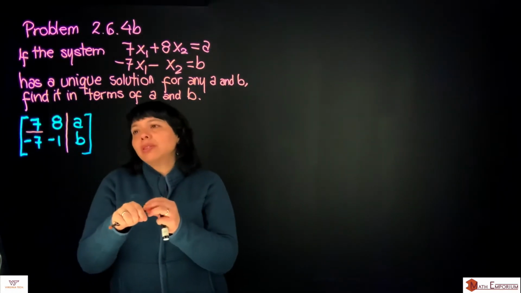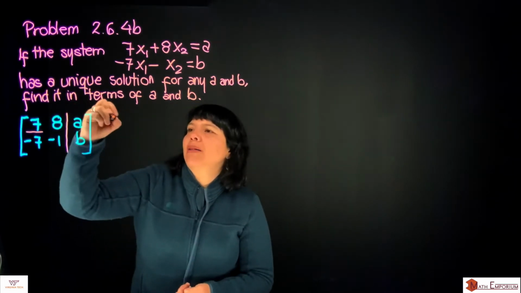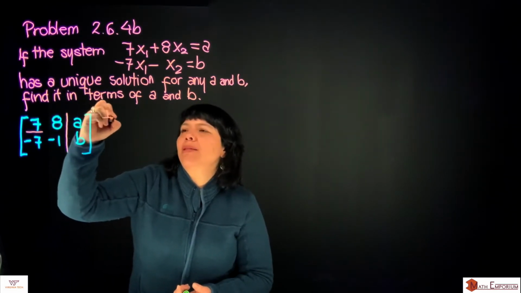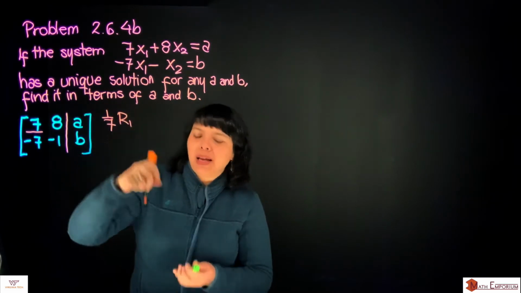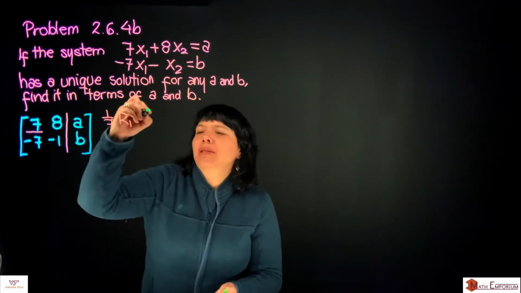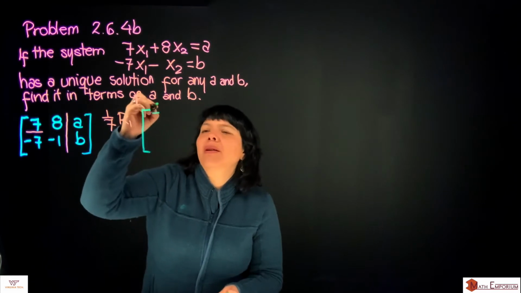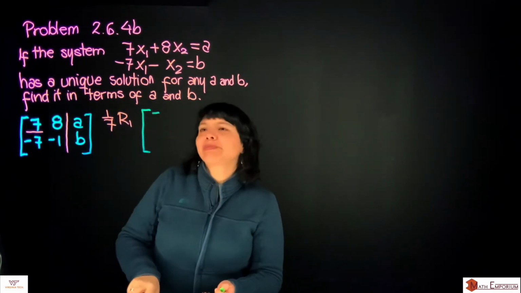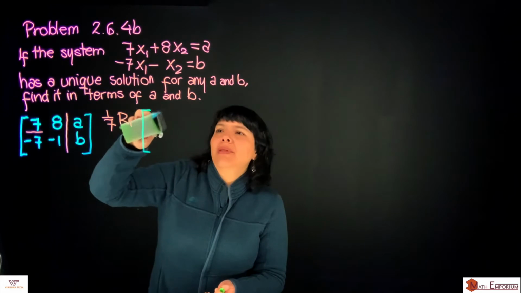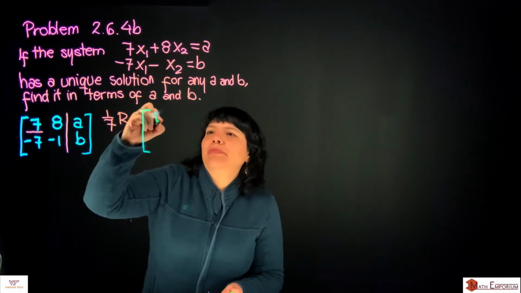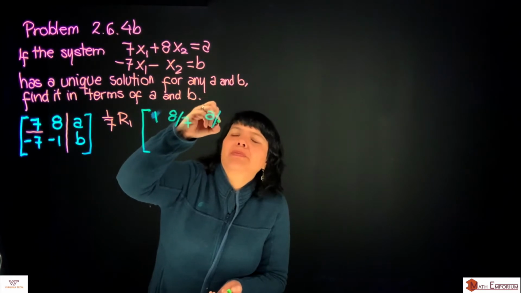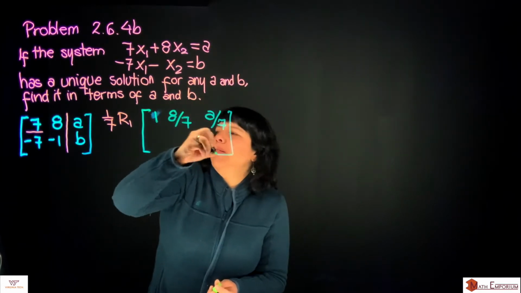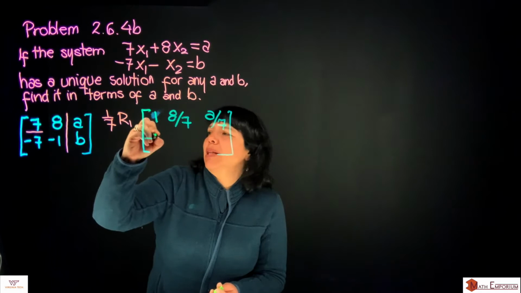So we're going to multiply row 1 by 1/7, and that's going to give us the matrix 1, 8 sevenths, and a over 7. The rest of the matrix so far doesn't change.